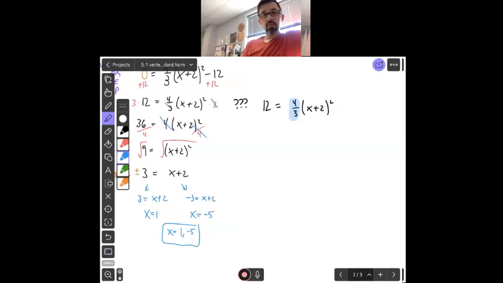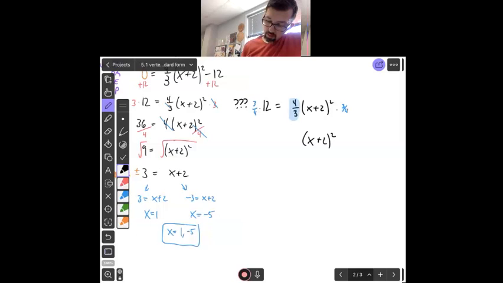Nothing wrong with it, but just something different. Yeah, right, or multiply by reciprocal. Right. So take that times 3/4. So of course on that right side we end up here, right?